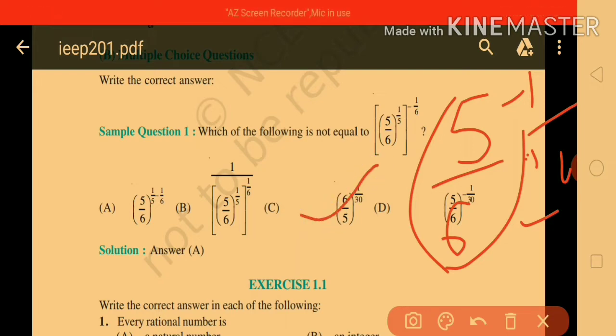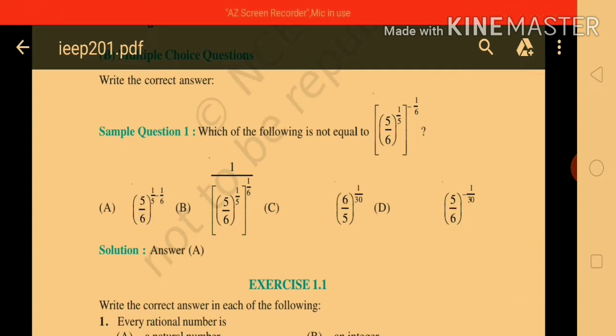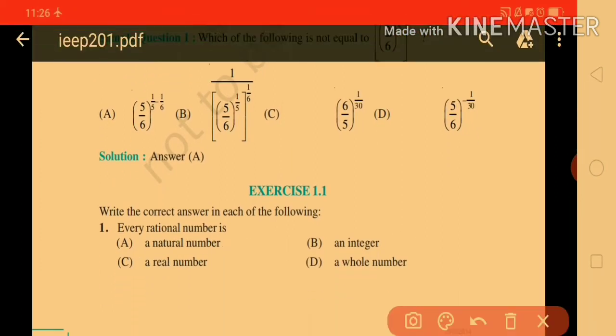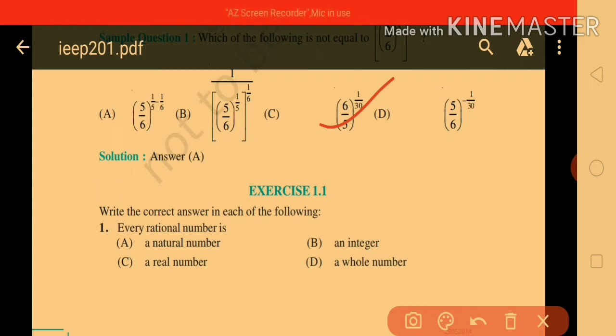This is the same, because we have taken the reciprocal of the base to get the positive power. This is also right, but this is wrong. So option A is not same, right?